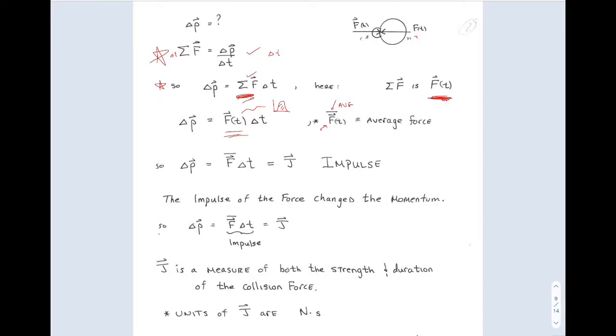The average collision force multiplied by the time over which that collision occurs is called the impulse. Some books use the letter I for impulse, but this book uses J. So it's kind of 50-50 between different books.